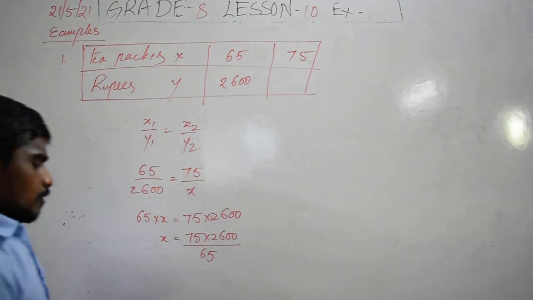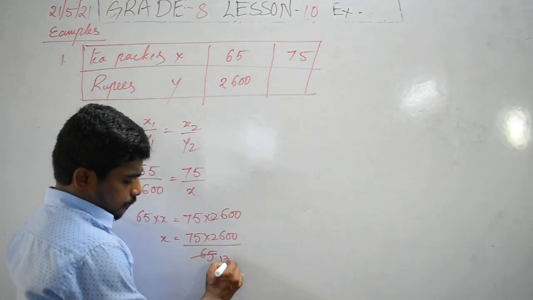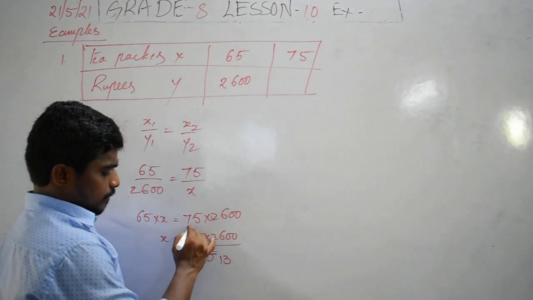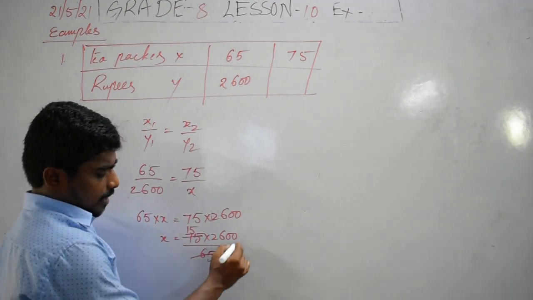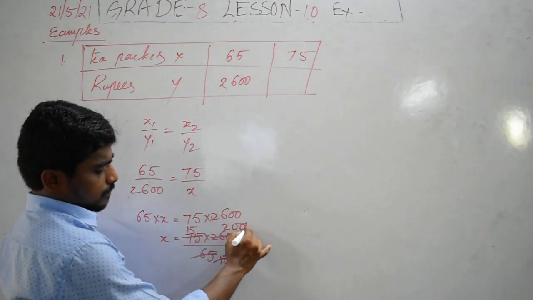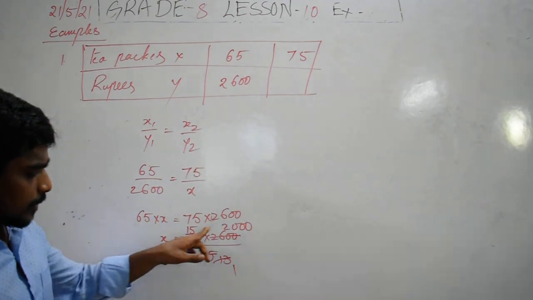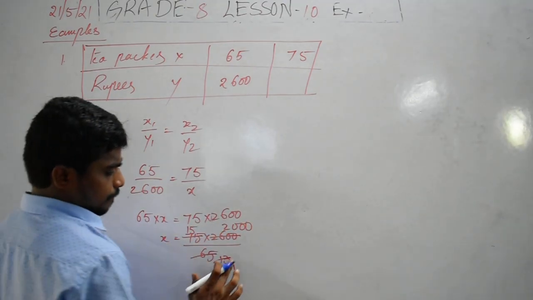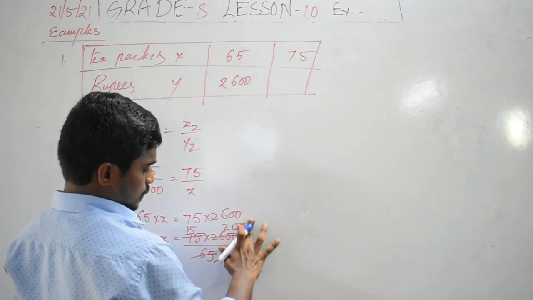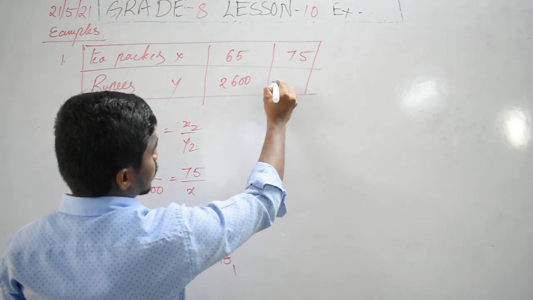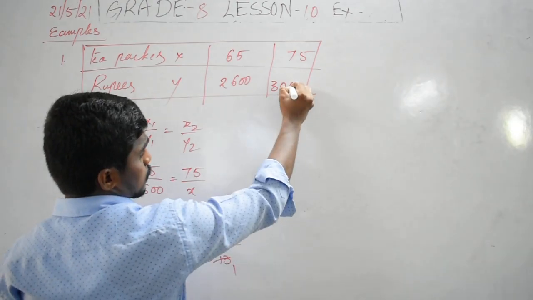Now 5 13s are 65, 5 15s are 75, 15 1s are 15, 15 2s are 30. So 15 2s are 30, 2 zeros.